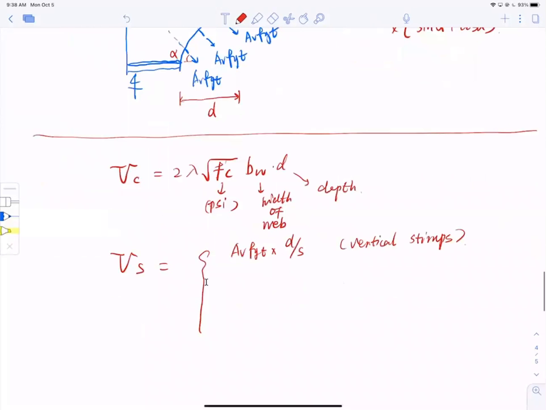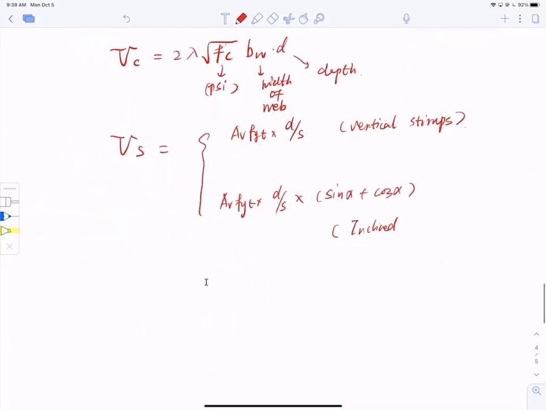Or you use Av fyt multiplied by d over s multiplied by sine alpha plus cosine alpha, and this is for inclined stirrups with an inclination angle of alpha.